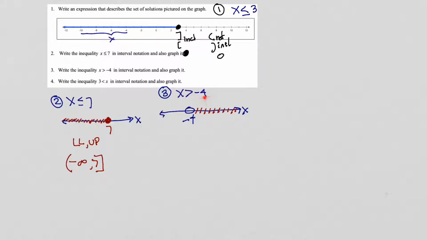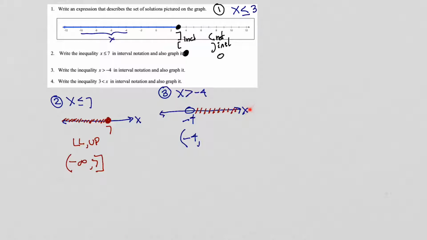So here's the inequality form, here's the graph form, and now the interval form goes like this. Remember, an interval goes like this: lower limit on the left, upper limit on the right. So the lower is negative 4, but that negative 4 is not included. So negative 4, not included, I'll put parentheses around it, comma, and the upper limit, well, look at this.